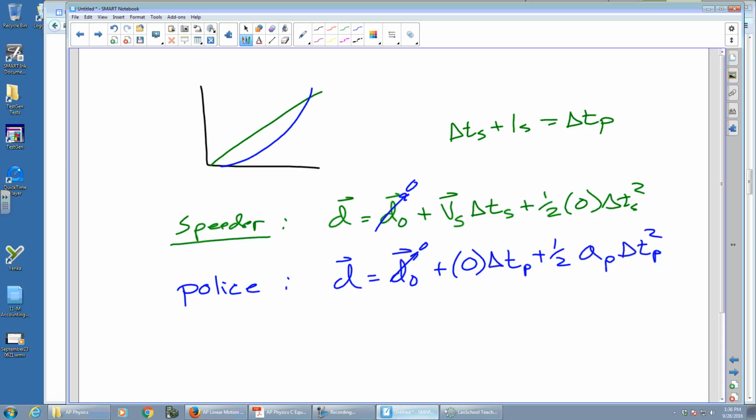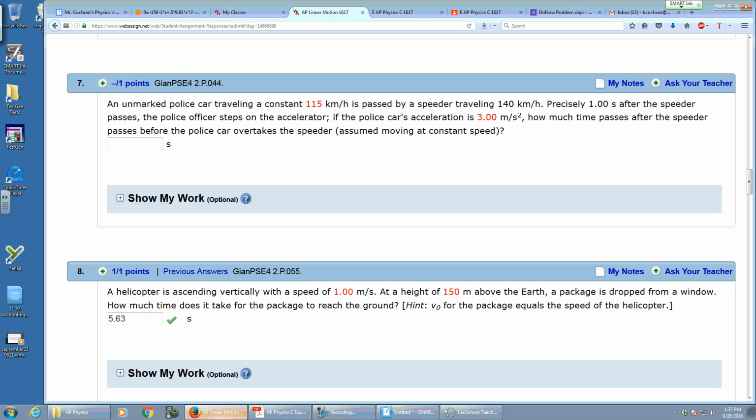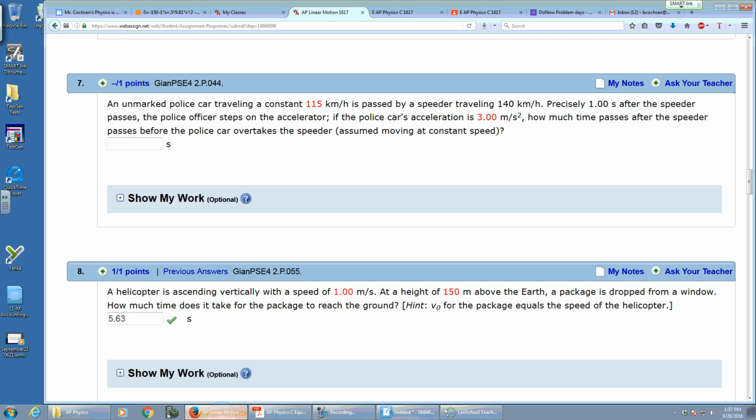The initial velocity of the police is zero, because they're sitting there and they start from rest. You notice I'm zeroing the acceleration of the speeder? Okay. And now we have 3 equations. They want to know, let's see what they want to know. How much time?